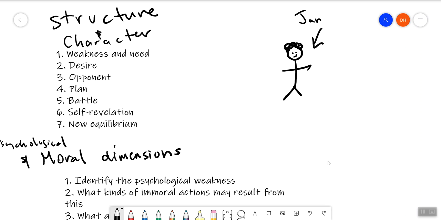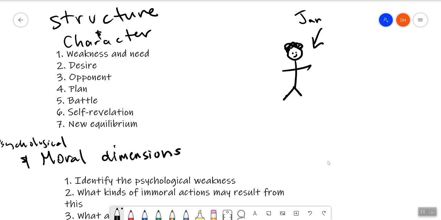There can be small mini battles, okay, small arguments throughout the story, leading up to this ultimate showdown. Okay, the battle has to be there because without that, we have no self-revelation. Okay, the self-revelation after an intense, painful battle, the character has to confront herself.